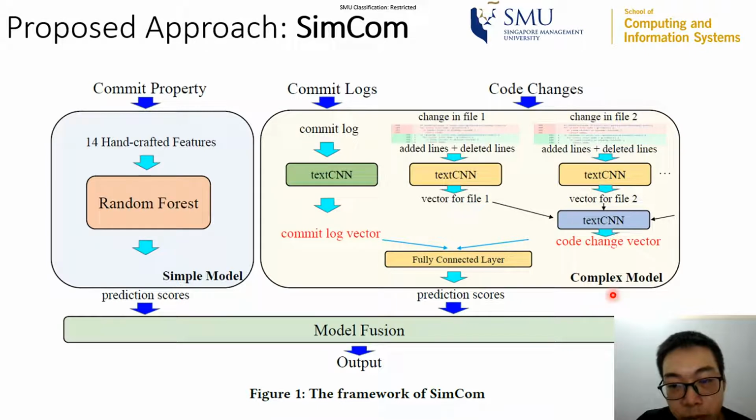For the complex model, we split the commit content into commit logs and code changes and use TextCNN as the deep learning module to extract features and a fully connected layer as the classifier to do the prediction. After getting the prediction score from each modality, we simply average the prediction scores to generate the final prediction score as the output.